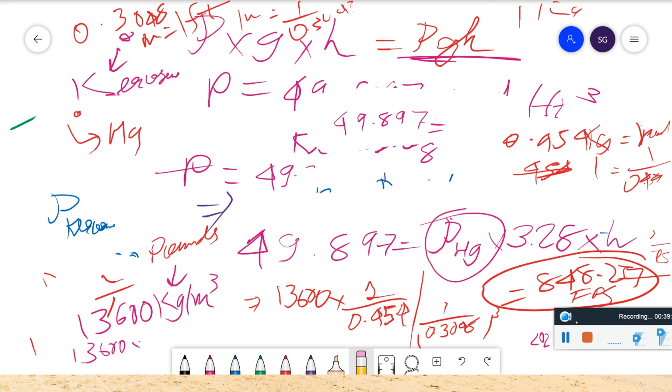This we have calculated, 848.257, no issues. Rho g we have calculated, 3.28 into h. So h we will get in FPS, in foot only. So let us calculate how much it is.